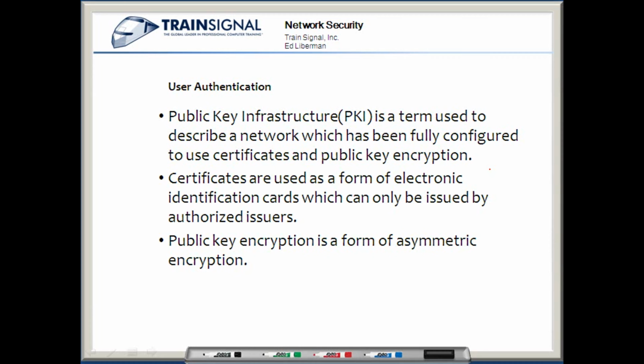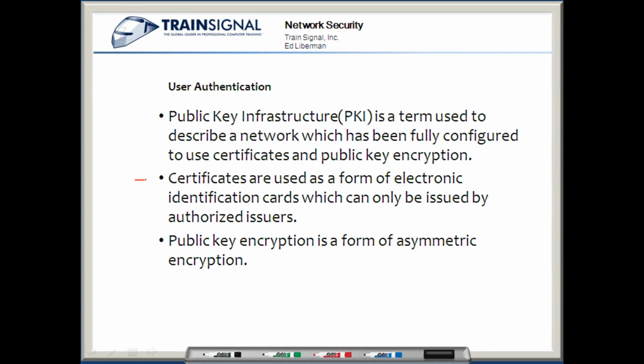Now, I mentioned certificates and public key encryption. Certificates are a form of electronic identification cards which can only be issued by authorized issuers. Okay, so now there's a whole lesson that I could give you on certificates, but I will tell you that basically we have things called certification authorities, which can be set up either on an internal network or there are public certification authorities.